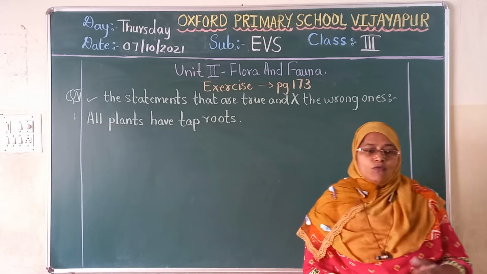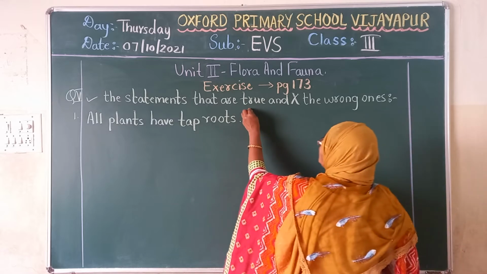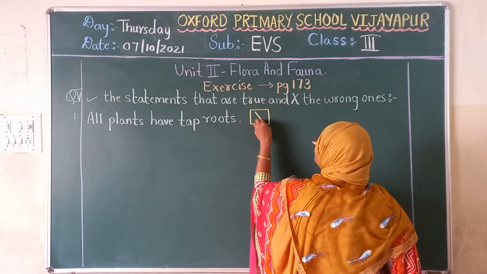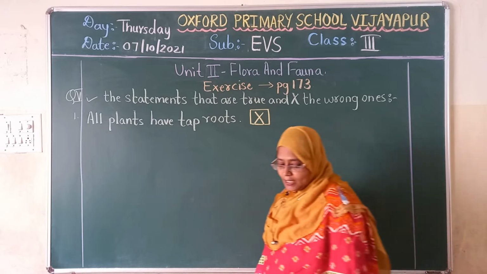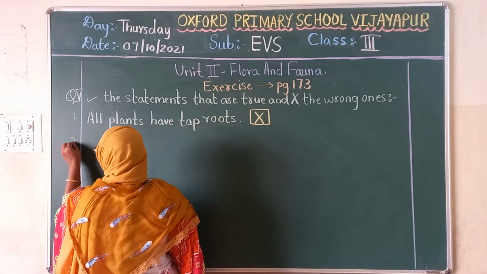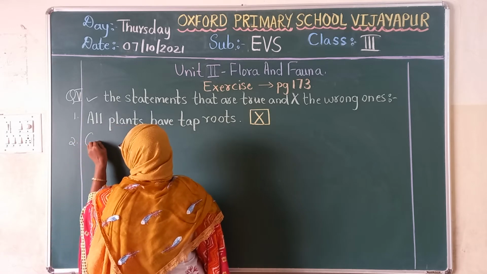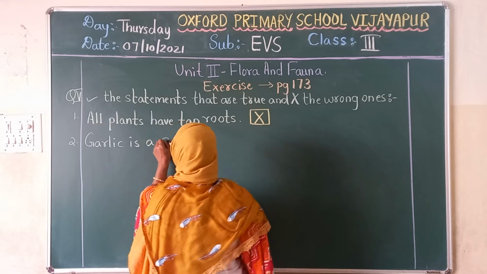No. So, in the box you have to put a cross, that this sentence is not right. The second one, garlic is a stem.